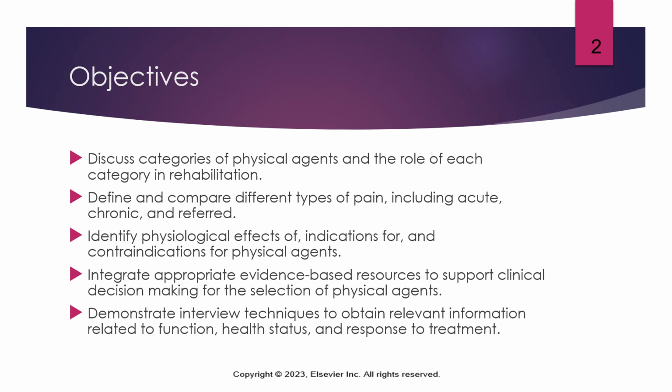We're also going to define the different types of pain, including acute, chronic, and referred. That's pretty much a common theme for most of the objectives that we're going to see for all of our modalities. We're going to identify physiological effects of indications for contras for physical agents, like I mentioned earlier. We're also going to learn how to integrate appropriate evidence-based resources to support clinical decision-making for the selection of physical agents.